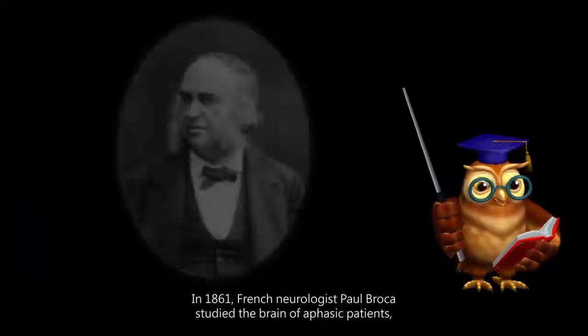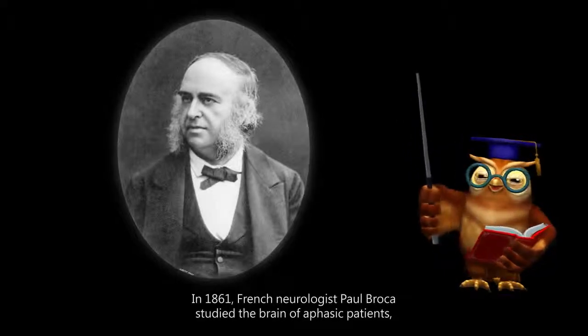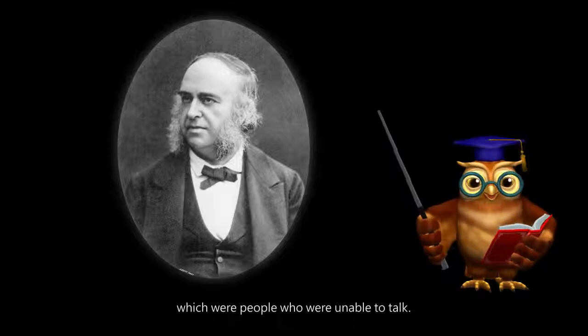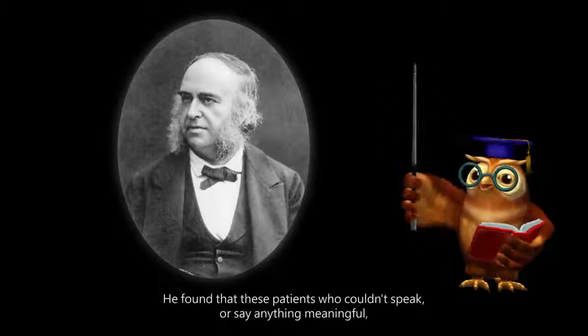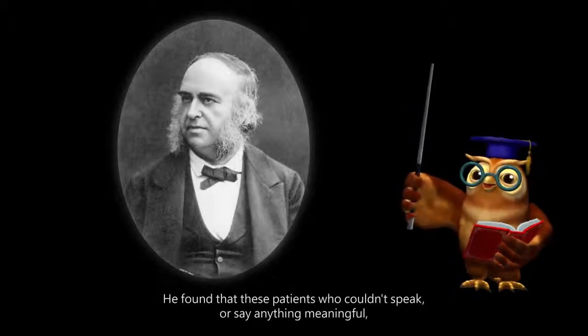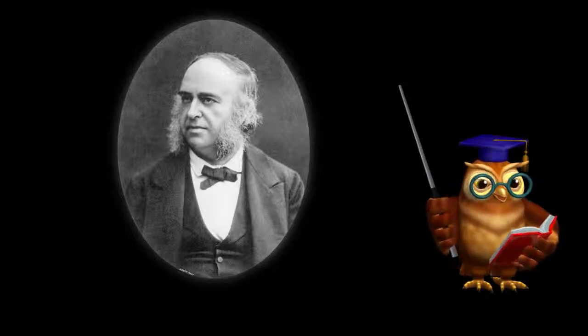In 1861, French neurologist Paul Broca studied the brain of aphasic patients, which were people who were unable to talk. He found that these patients who couldn't speak or say anything meaningful had a lesion in the left side of their brain.